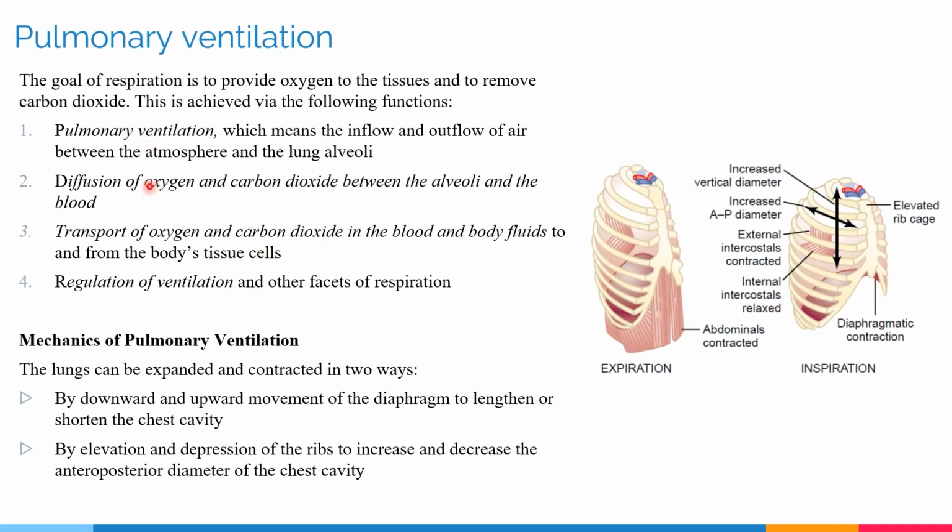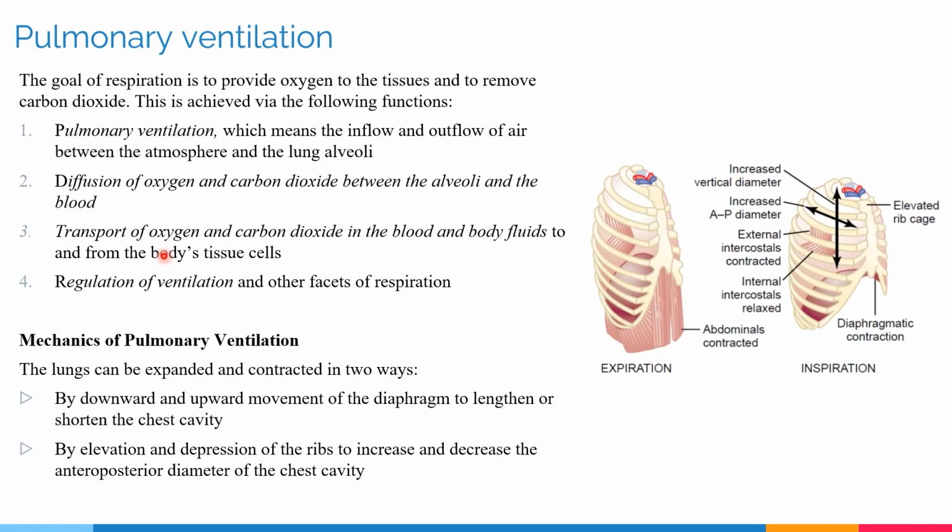Next is the diffusion of oxygen and carbon dioxide across the pulmonary capillaries and into the blood in case of oxygen and out of the blood in case of carbon dioxide. And the final part of respiration is the transport of oxygen and carbon dioxide in the blood and body fluids to and from the body's tissue cells once they have been exchanged at the level of the lung alveoli.